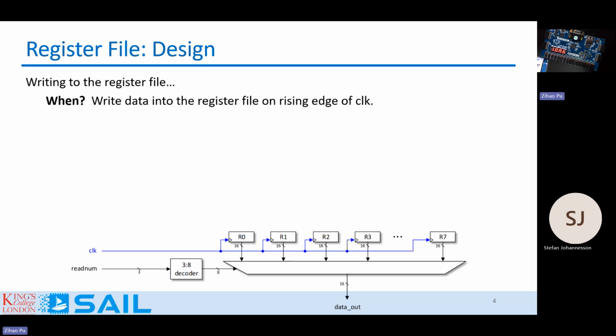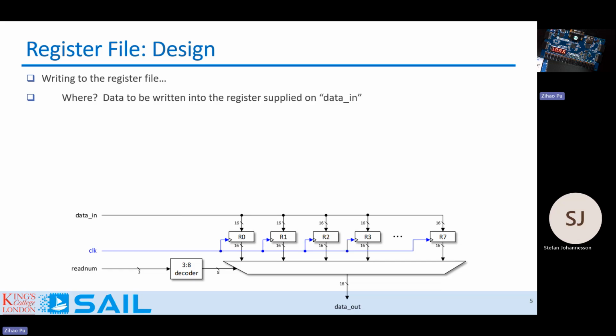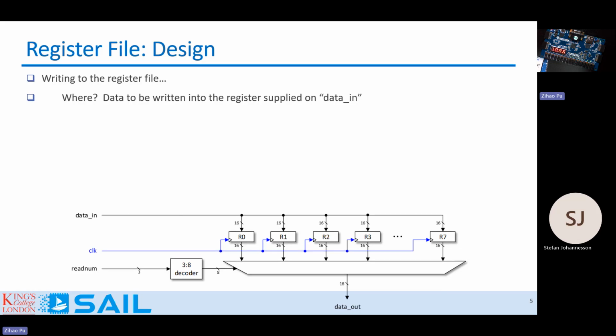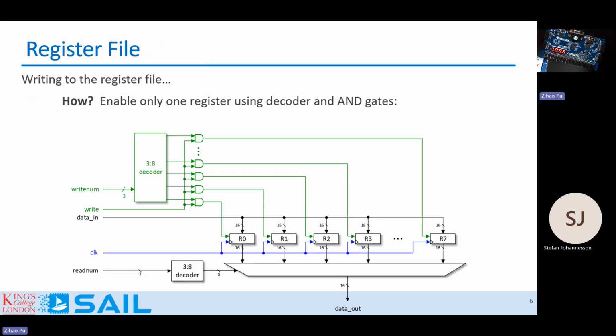Here's a quick example. I put my clocks on the registers, and when the clock comes in, all the registers should update when you try to write to the register file. So in order to write to the register file, you need the data to be written into the registers.